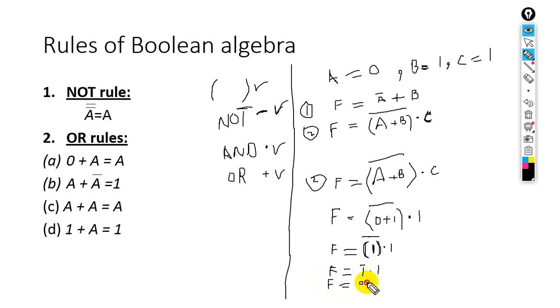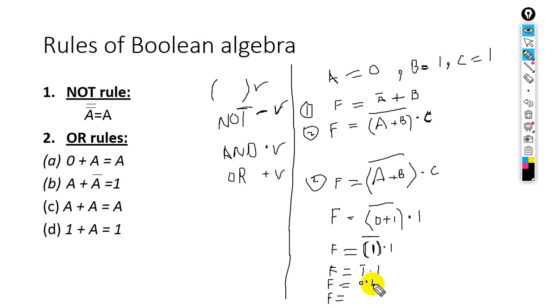The NOT operator will invert the value and it will give you 0, and now we have 0 dot 1. So the final result is 0 AND 1.